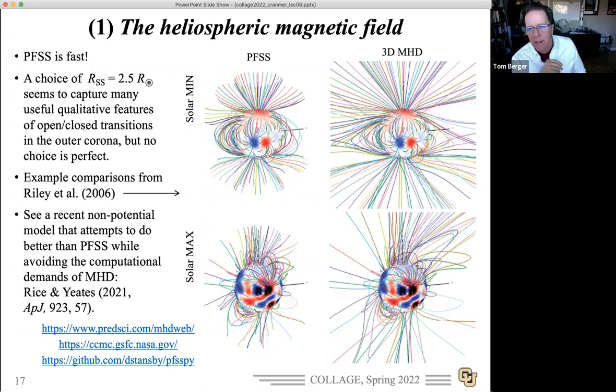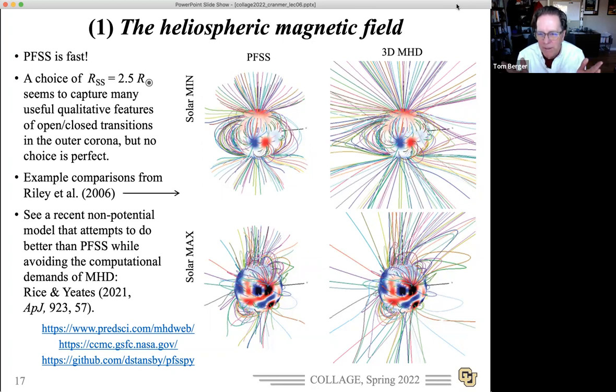You're muted. Yeah, I had an interesting thing to think about for the students, and that's that the lower boundary of all of these models that you're showing here is a spherical sun, the magnetic field measured all over the sphere of the sun. And if you think about it, how would that be done?